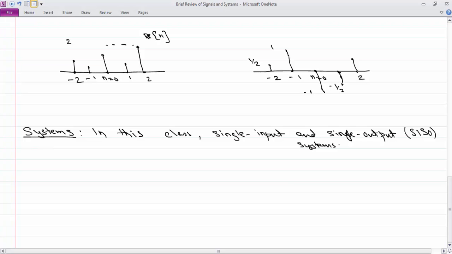Of course, there are systems that are not really SISO. They take multiple inputs. They may generate still one output.